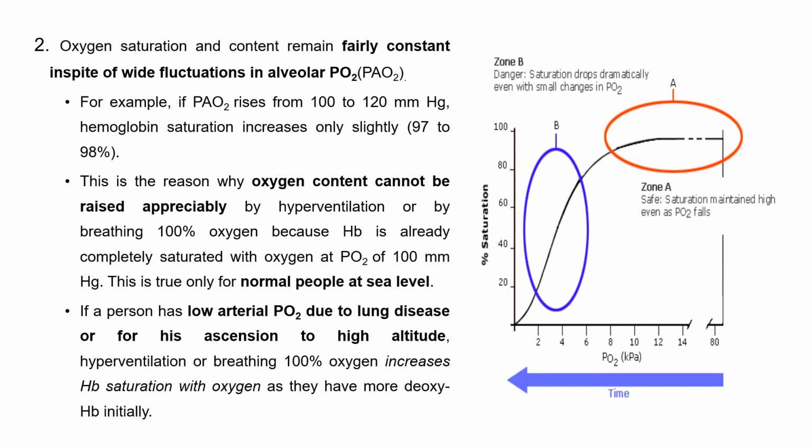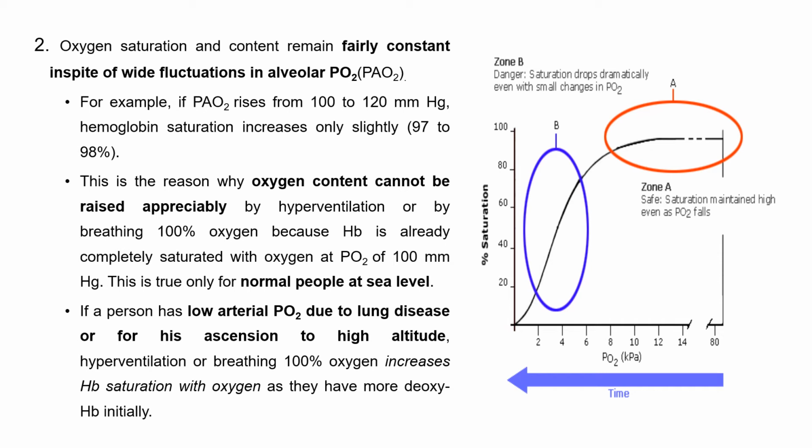Now, oxygen saturation and content remain fairly constant in spite of wide fluctuation in alveolar PO2. For example, if PO2 rises from 100 to 120 mmHg, hemoglobin saturation increases only slightly. You see from this graph, there is a flattening in this portion.